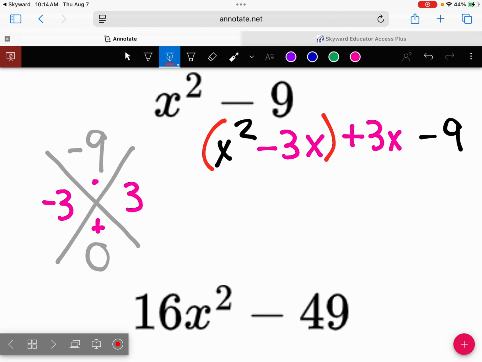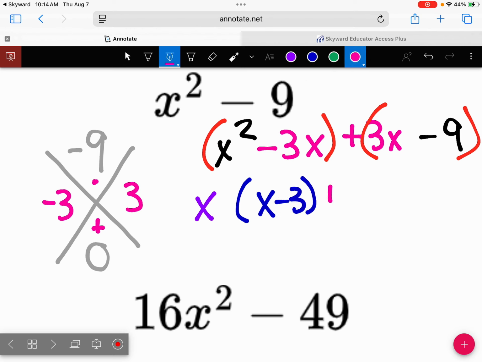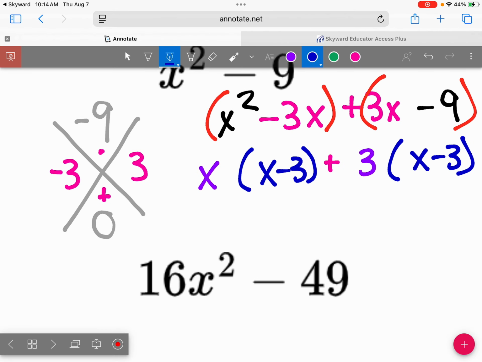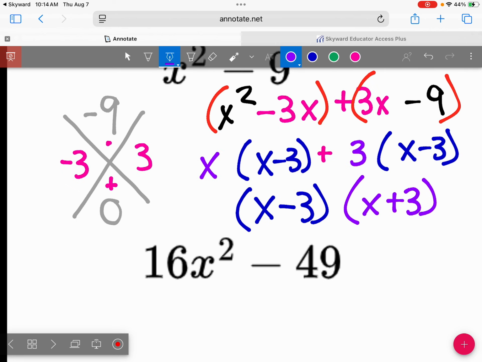When I break it up into pairs, we're going to get x times x minus 3, and we have a 3 times x minus 3 when we factor that. And so that gives us our x minus 3 with the x plus 3.